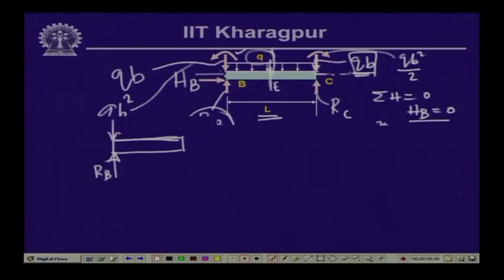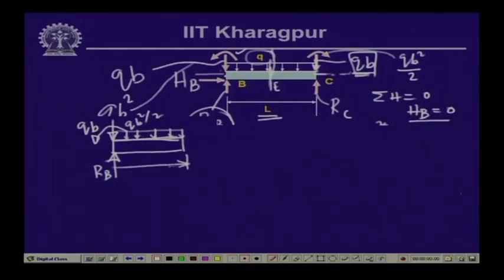Here we have the vertical force which is q b, and we have an anticlockwise moment which is q b square by 2, and over this particular part we have distributed load of intensity q, and this being the mid span.